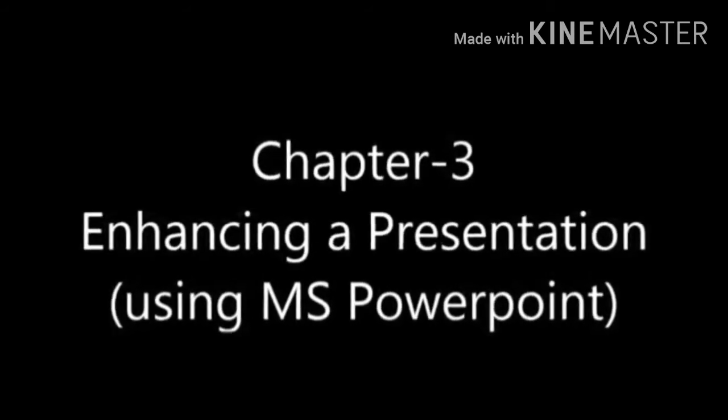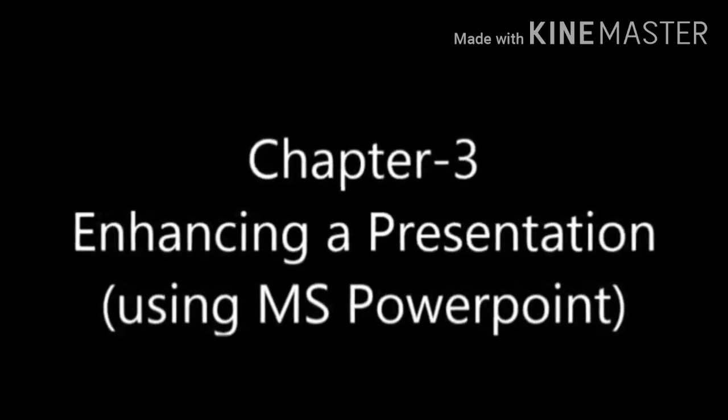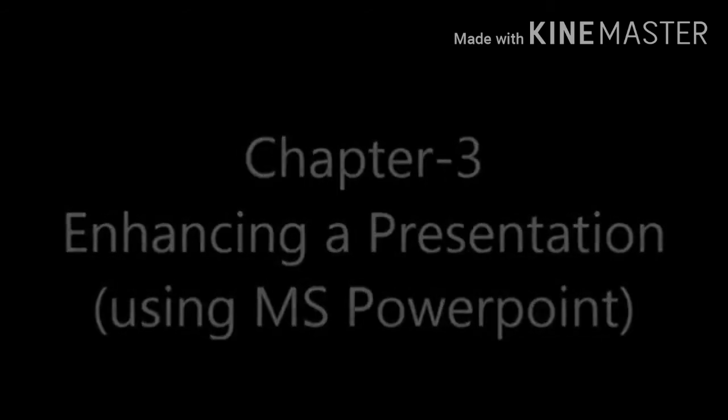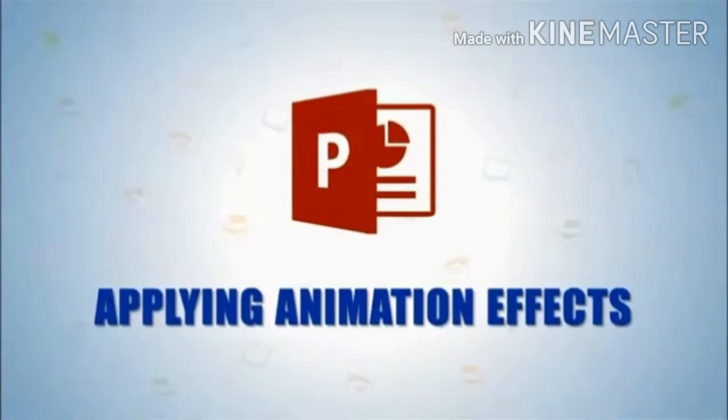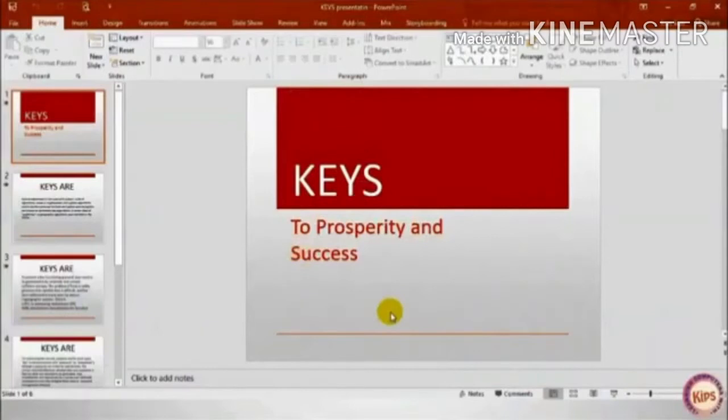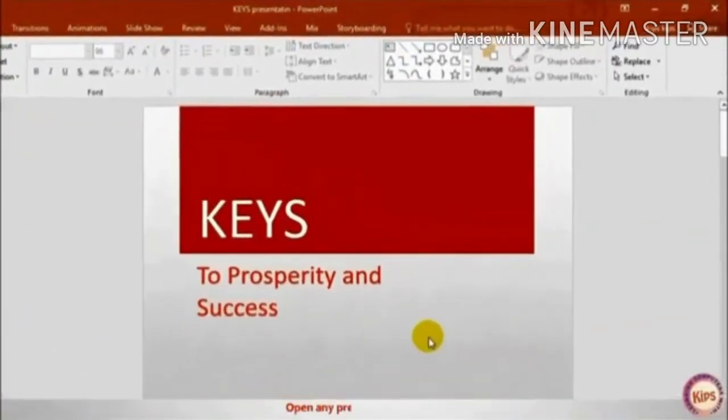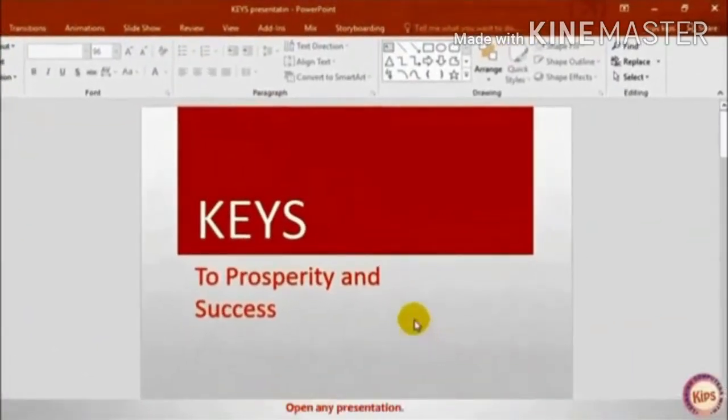This is your PowerPoint window. You have to open any presentation. Select the object that you want to apply the animation effect to. So you have to open the Microsoft PowerPoint window.